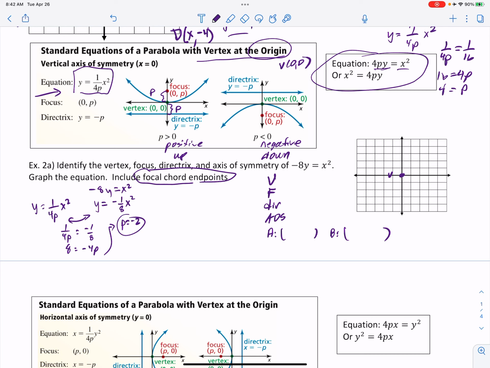Since it opens down, the focus is going to be 0, -2. You have to go p units, but you're going down. And this is going to be my focus. And then the directrix goes p units up, so I have to go up 2. And the directrix is y equals +2.